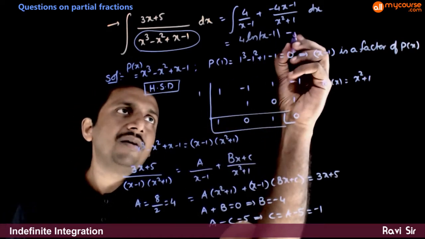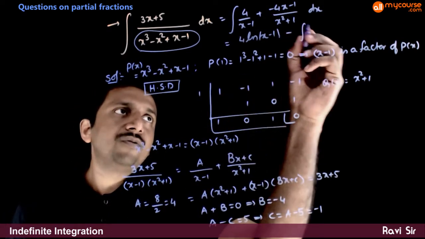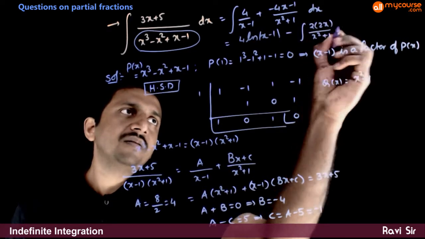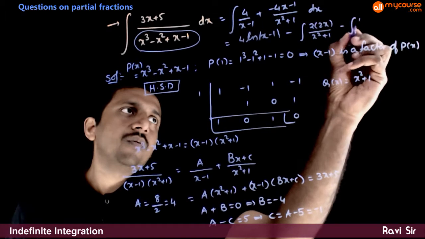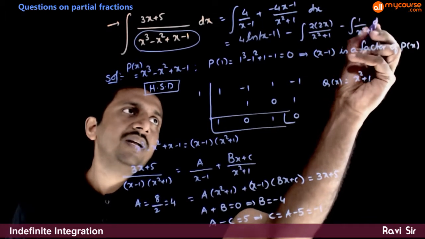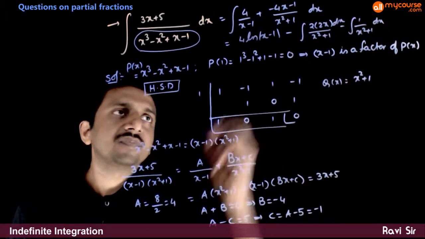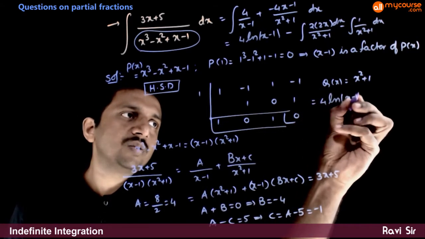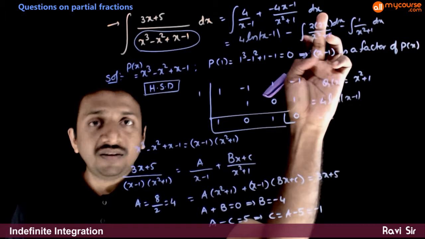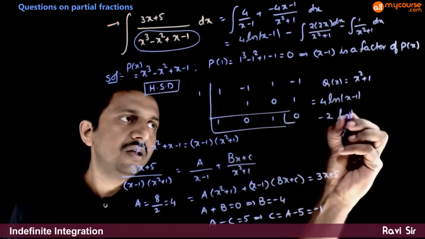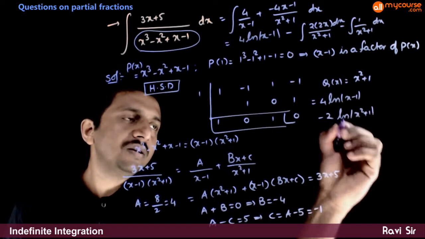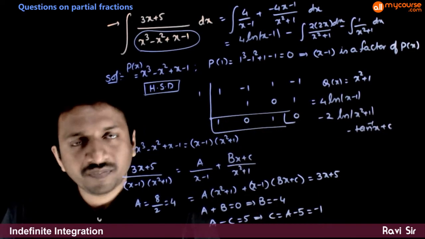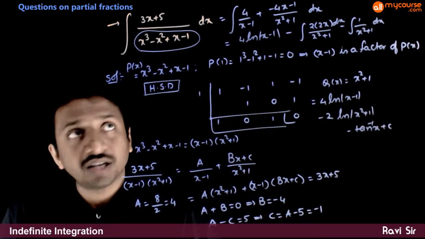So minus the integration of 4x can be written as 2 times 2x by x square plus 1, minus the integration of 1 by x square plus 1 dx. So this is equal to 4 ln mod x minus 1 minus 2 times log mod x square plus 1 minus tan inverse x plus c. So this will be the integration of this function.